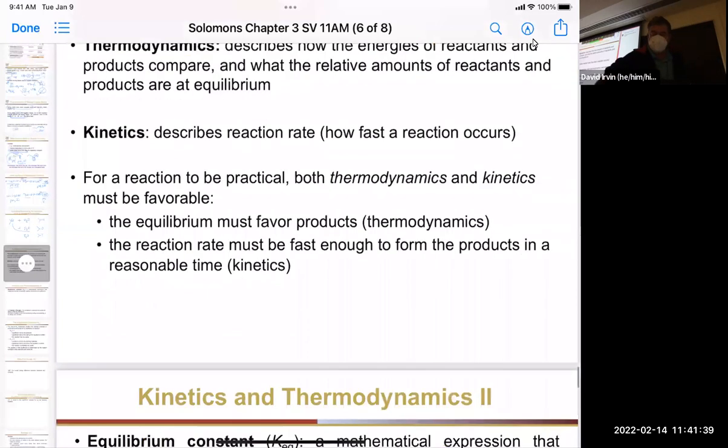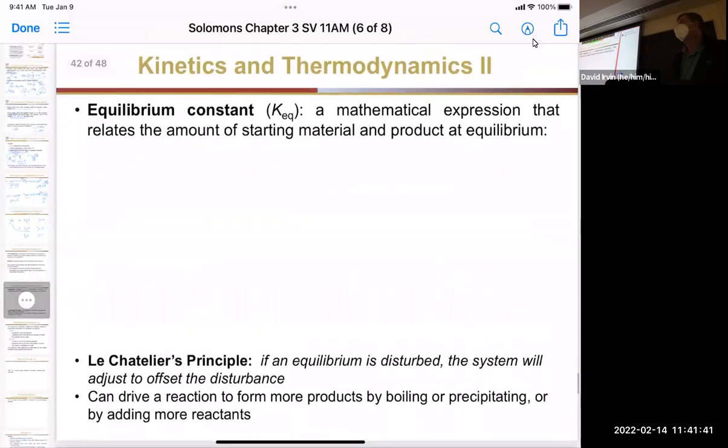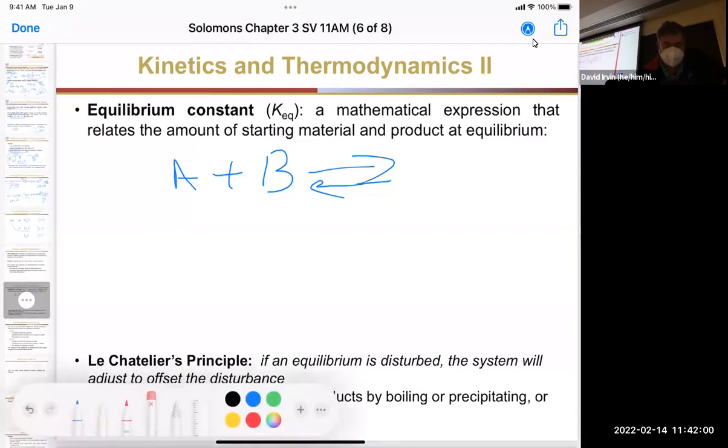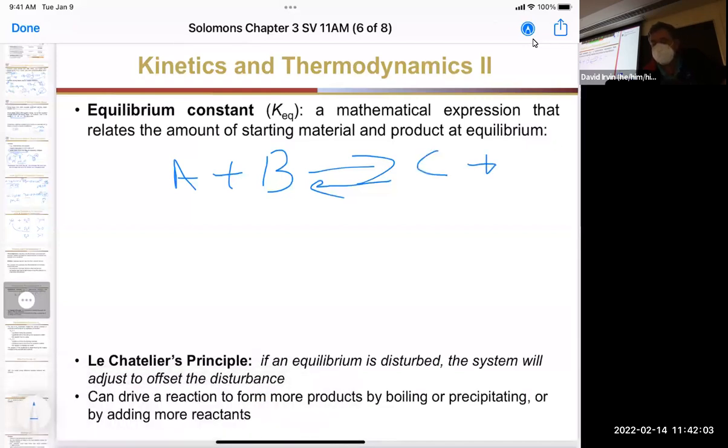So when we have this, we have kind of an equilibrium constant. Remember, we had those acid constants, but we're going to have equilibrium constants as well. We have a reaction of A plus B that is going to maybe go, maybe not, to products C and D. To get our equilibrium constant, we're going to do exactly what we did with the acid-base reaction.